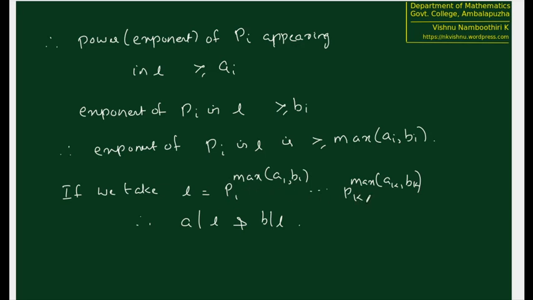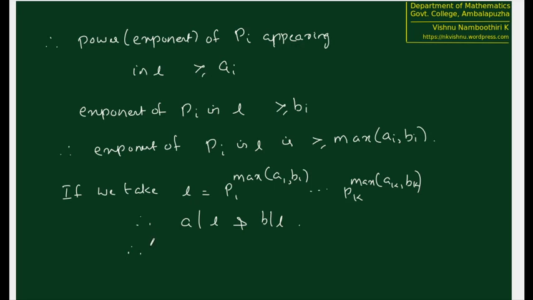This is the least power of Pk, the maximum of Ak, Bk, required in a common multiple, and that least power we have considered here. Since we have considered all the least powers of primes appearing in A and B in L, A will definitely divide L and B will definitely divide L because of the above discussion.